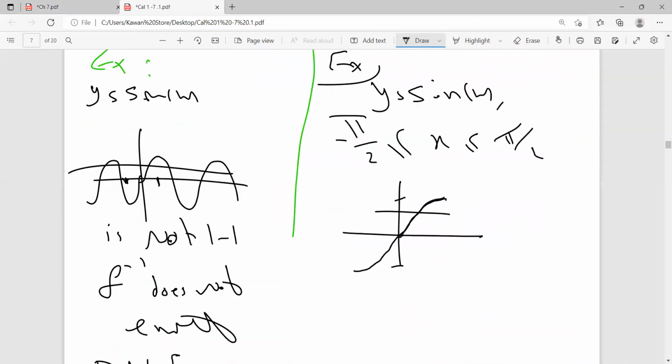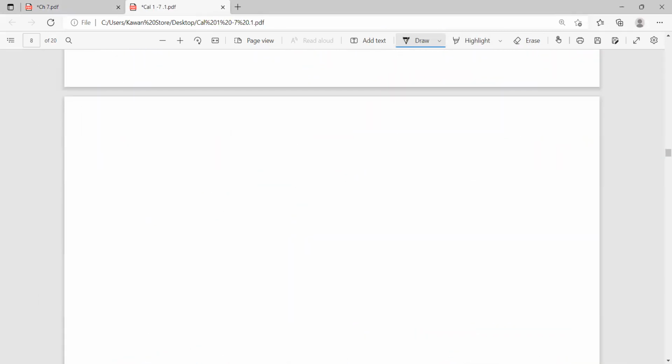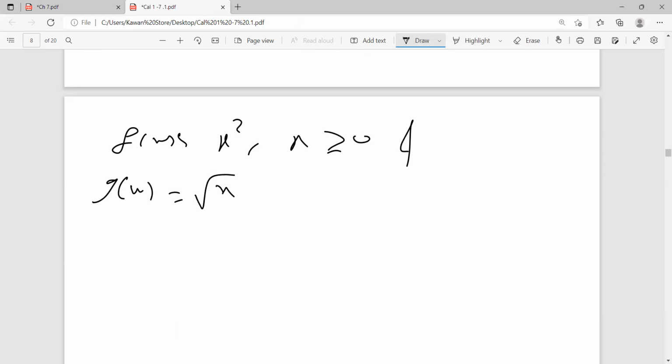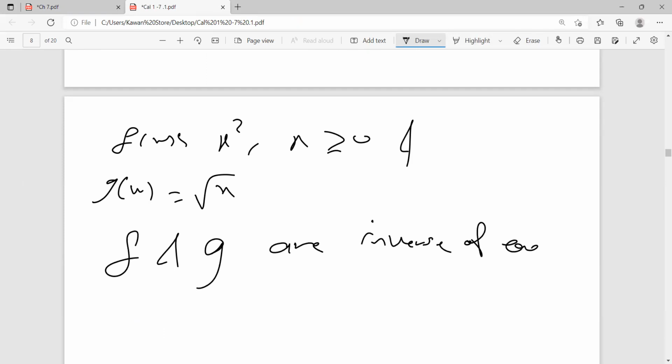So if I ask you about this function, f of x is equal to square root of x when x is greater than or equal to 0, and g of x, this is another type of question, is equal to x squared. So f and g are inverses of each other or not?